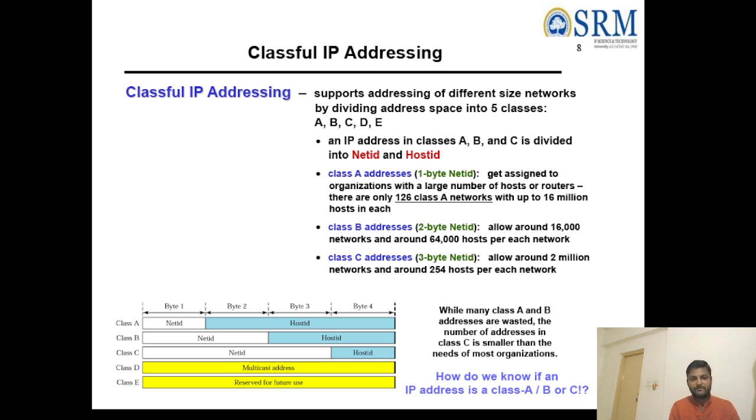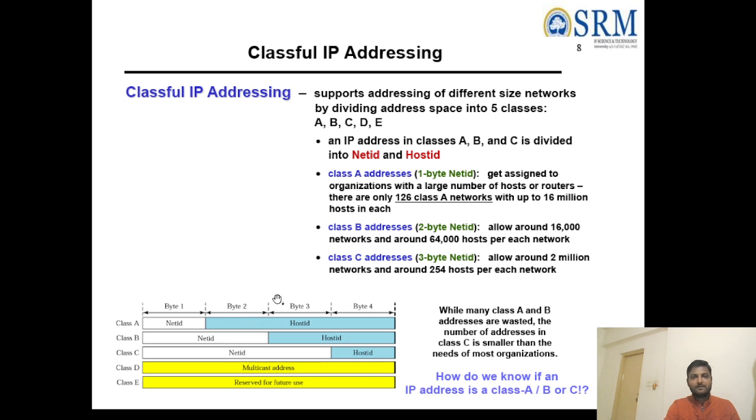That's why, if we see, the net ID is only 8 bits. That means only a limited number of networks are possible, and 2 to the power 24 hosts are possible within each network.